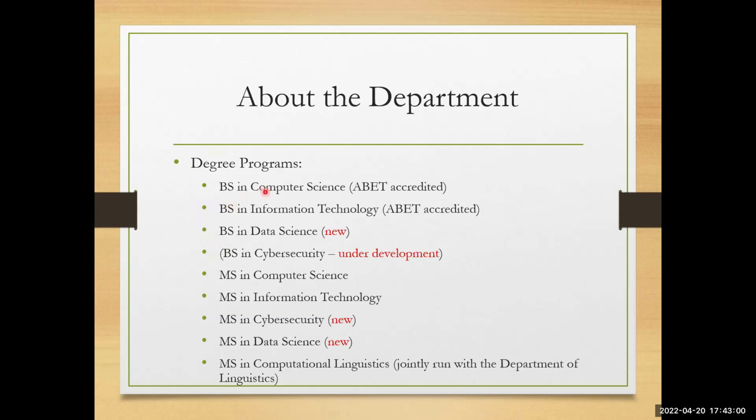Basically, you can pick any undergraduate program and any graduate program and combine them. We also have an MS in computational linguistics program. This one is jointly run by our department and the Department of Linguistics.